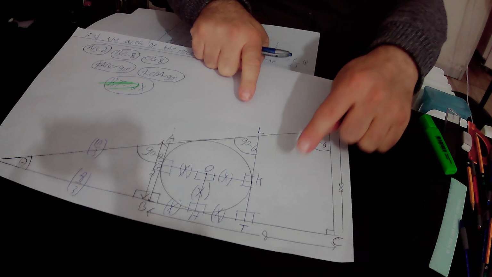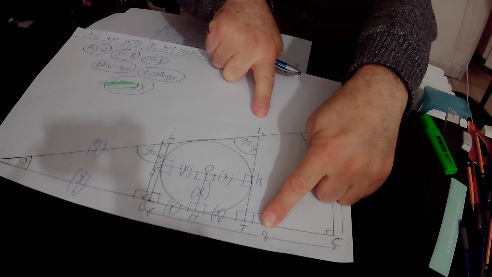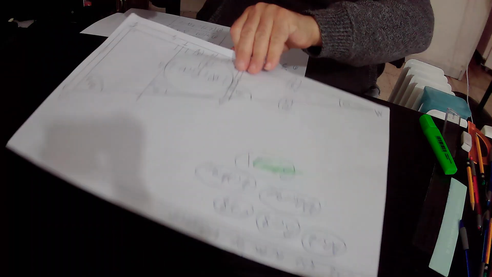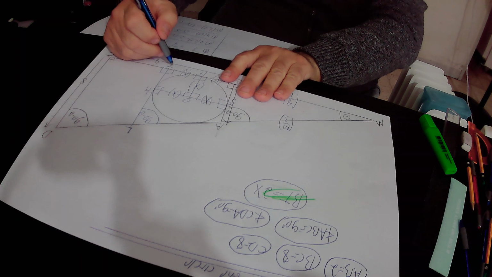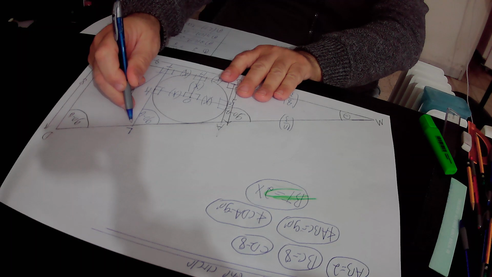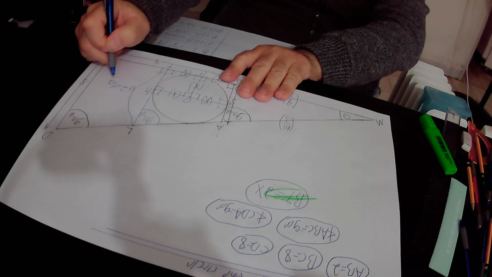I write it down in the drawing itself: the length of side LT equals 2 plus 1.5x.